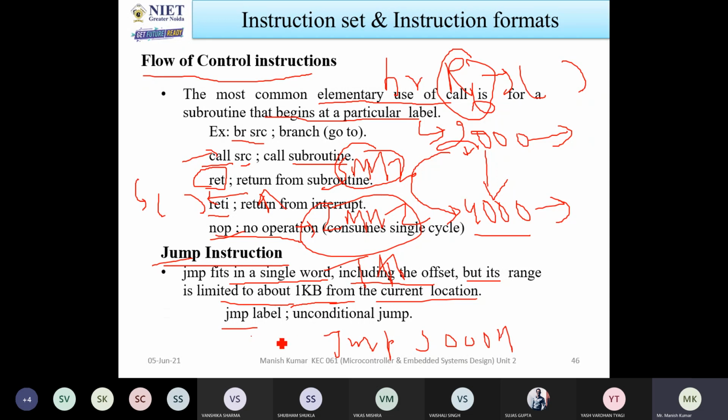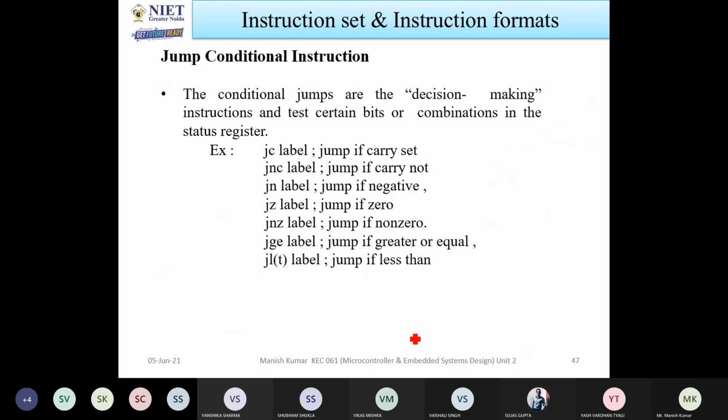So whenever this instruction is executed, the program counter will move to the 5000 location. But in a conditional jump, if the condition is satisfied, then the program counter will go to this particular location. Otherwise, it will execute the next instruction.